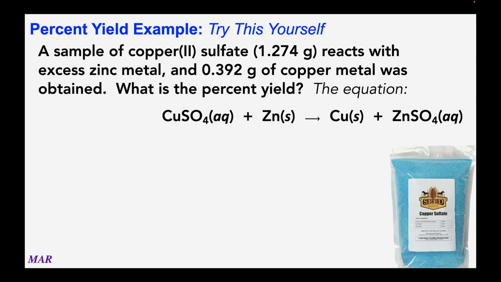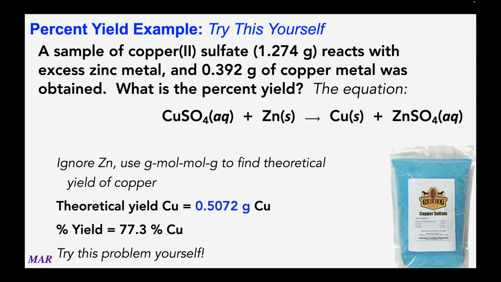That'll give you the theoretical yield of copper. And I guarantee it's going to be a number greater than 0.392 grams. So the percent yield is actual over theoretical: 0.392 grams is what you actually got, divided by the theoretical yield, times 100%. Good to go.